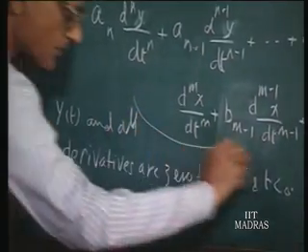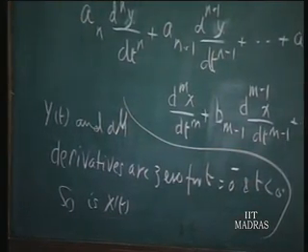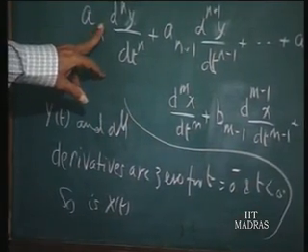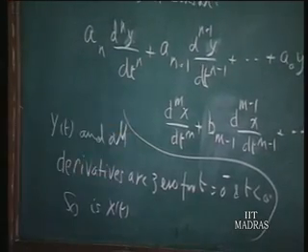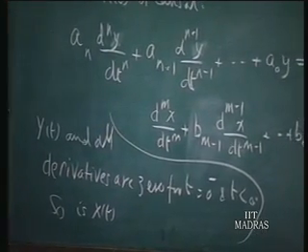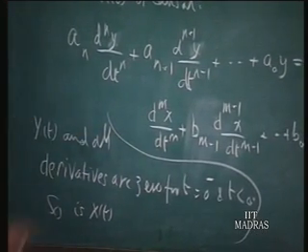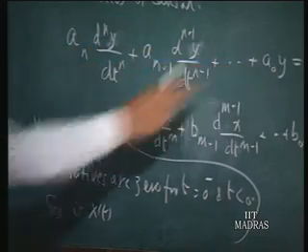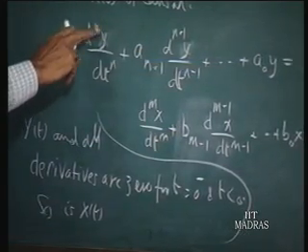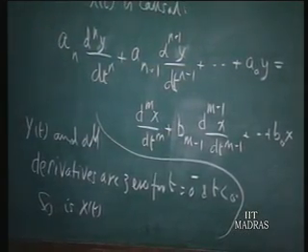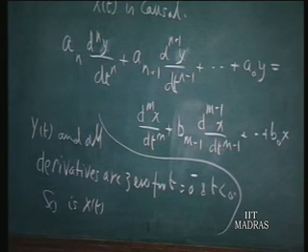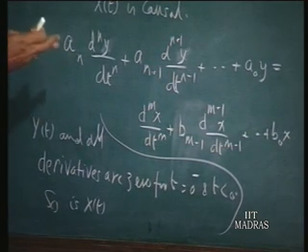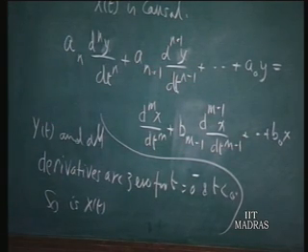So under these assumptions, we can take the Laplace transform of all the terms on the left hand side and right hand side. Since all the initial conditions are 0, if the Laplace transform of y is Y(s), the Laplace transform of d^n y/dt^n is simply s to the power of n times Y(s). So that makes transforming this equation a very simple task.